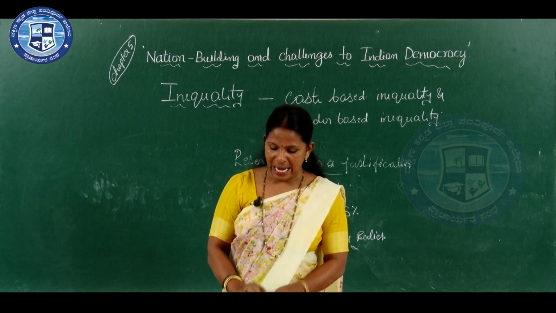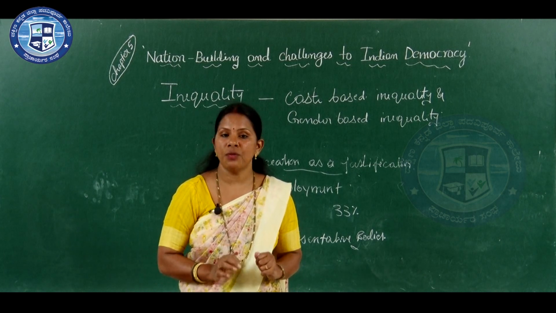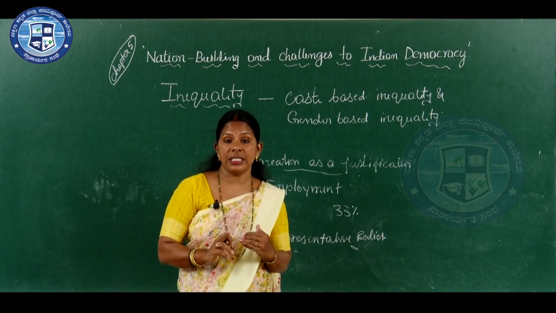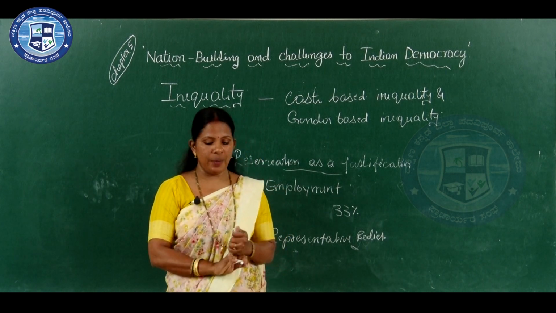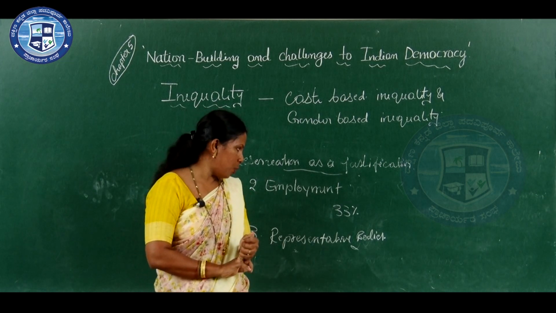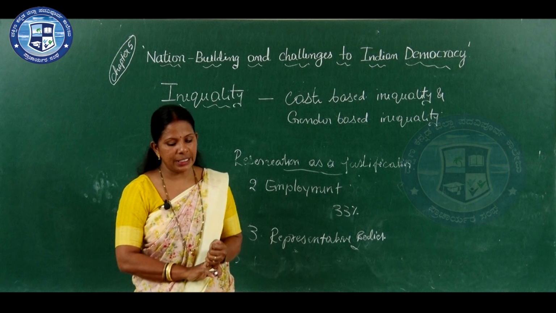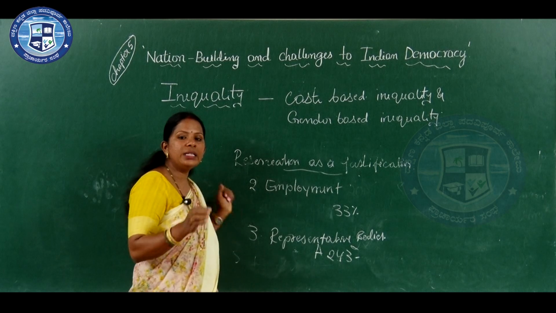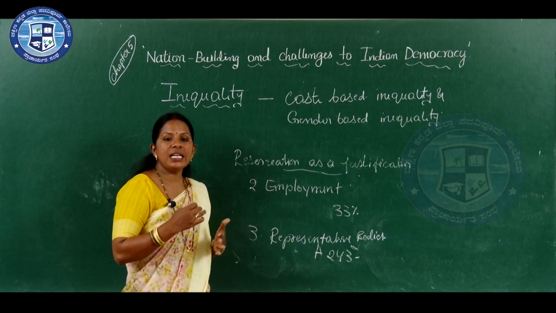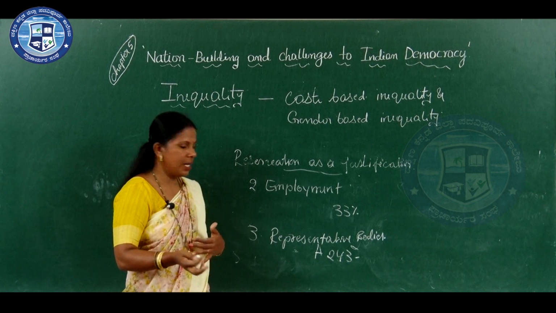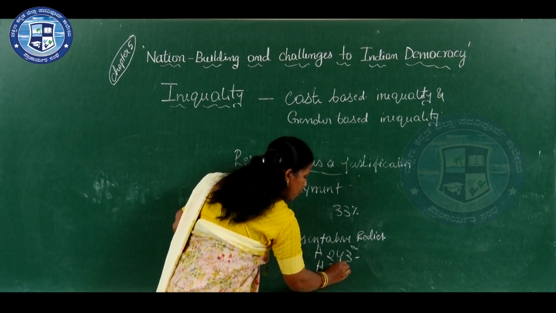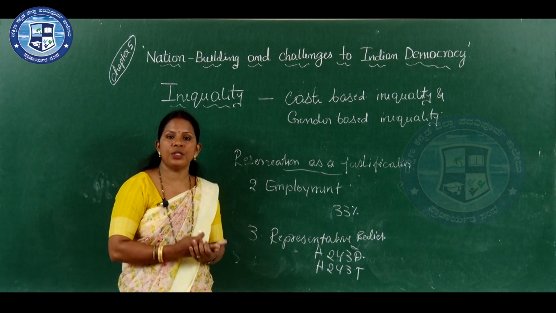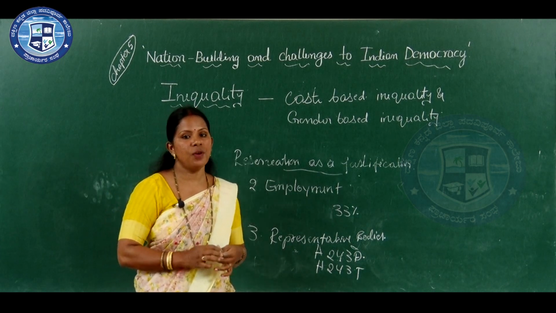They are called landmarks in the political empowerment of women. In grassroots democracy, Article 243D provided one-third reservation in the Panchayat Raj institutions for women, and Article 243T provided the reservation of seats for women in the urban local self governments.